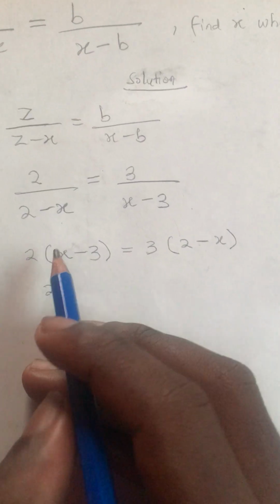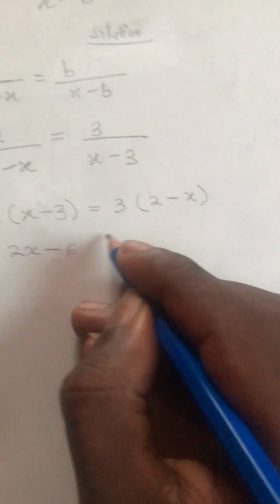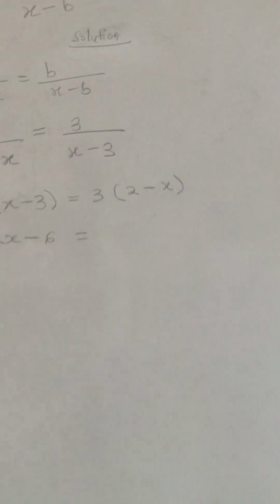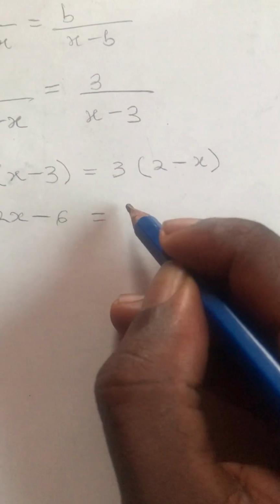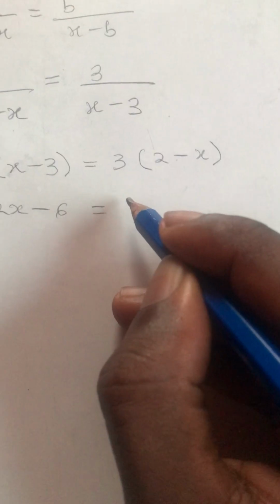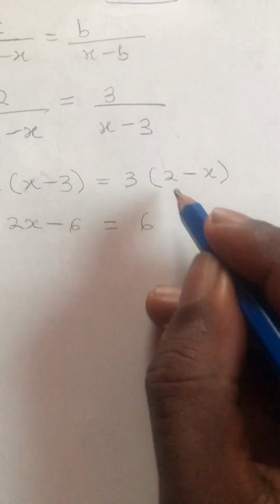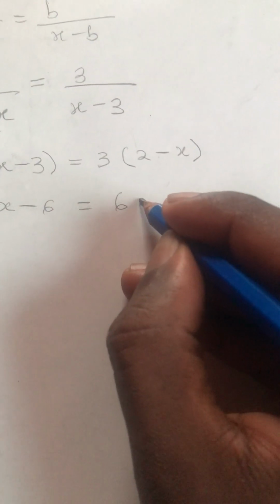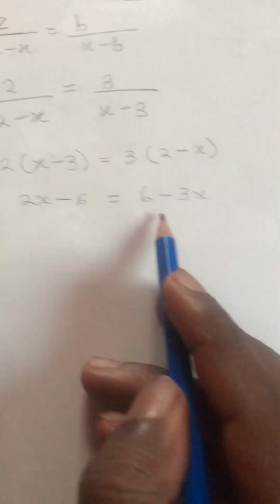This positive 2 multiplying negative 3 will give us negative 6, is equal to positive 3 multiplying positive 2 will give us 6. Positive 3 here multiplying negative x will give us negative 3x. So we've gotten our equation here.